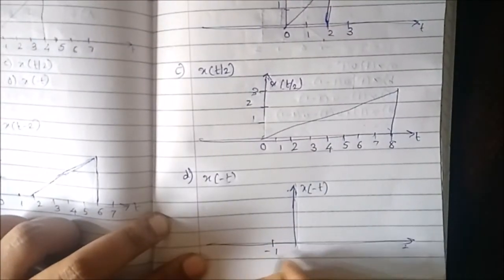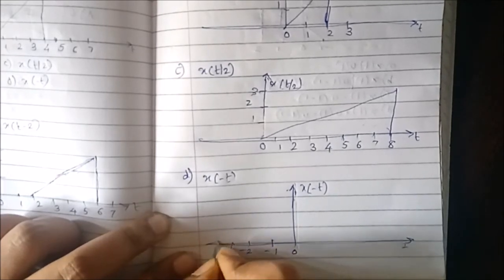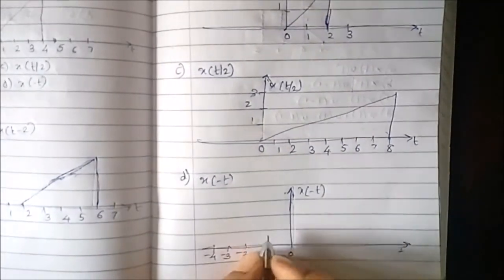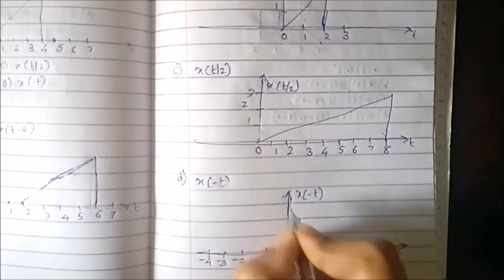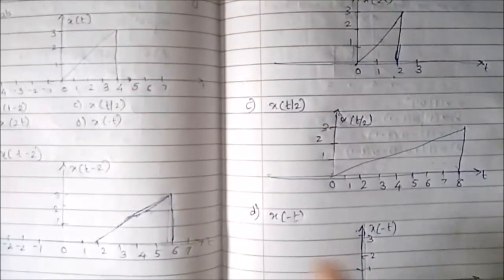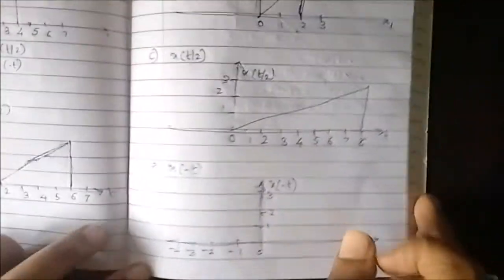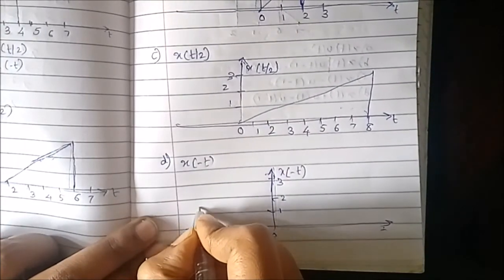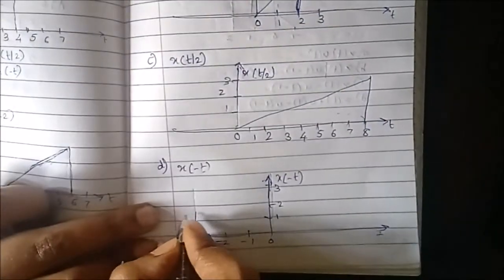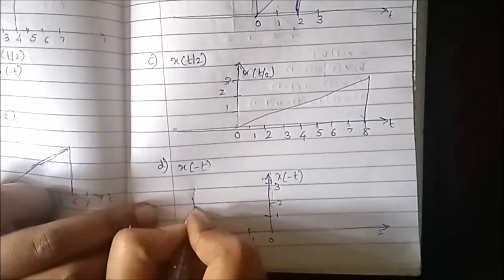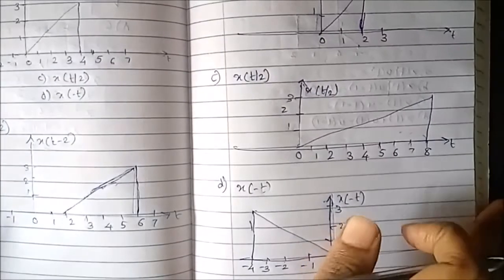So we can just draw the points before 0, because the signal will appear only about the left hand side of the y-axis. The signal at 4 will appear at minus 4. So at minus 4 amplitude will be 3, at 0 amplitude will be 0, and we just join both the points. And we get the resultant signal.